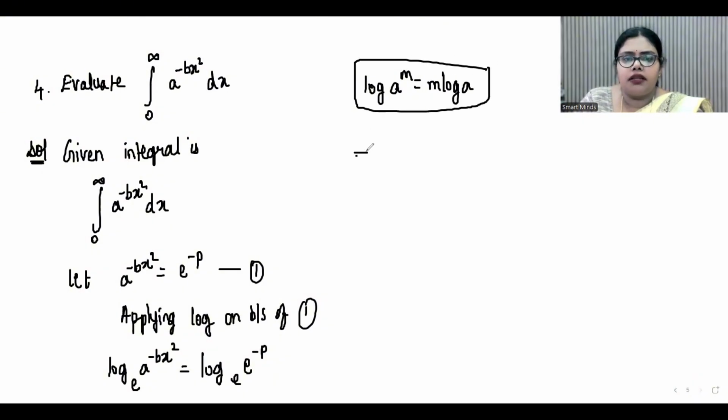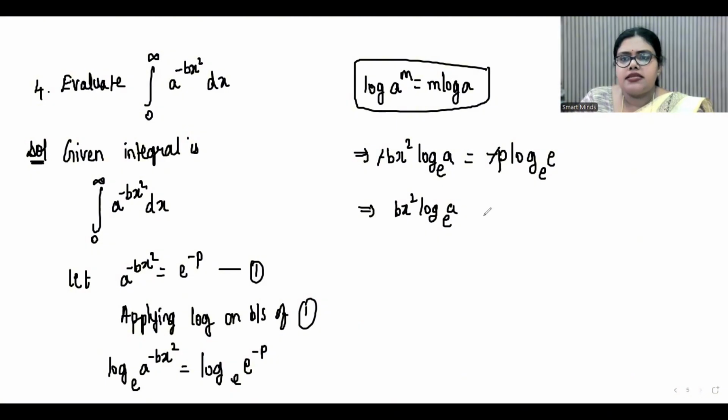So we can write minus bx square log a to the base e is equal to minus p log e to the base e. The minus signs get cancelled. Bx square log a to the base e is equal to p into 1. Why? Since log e to the base e is 1.